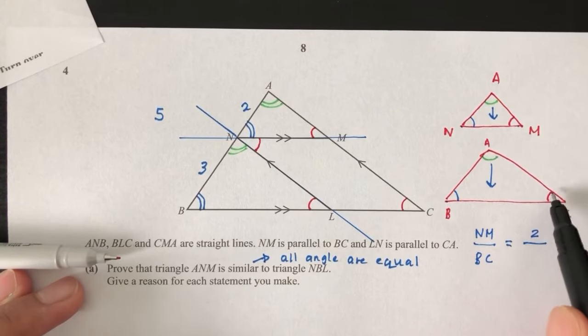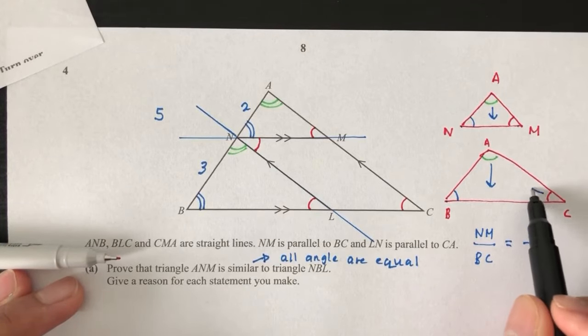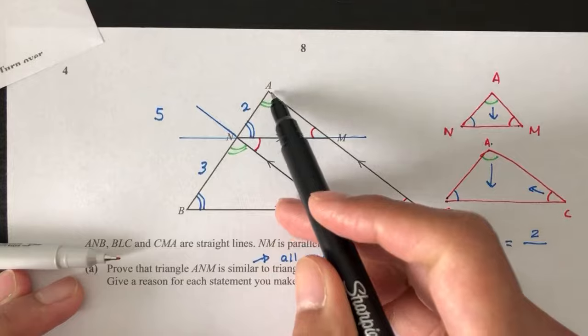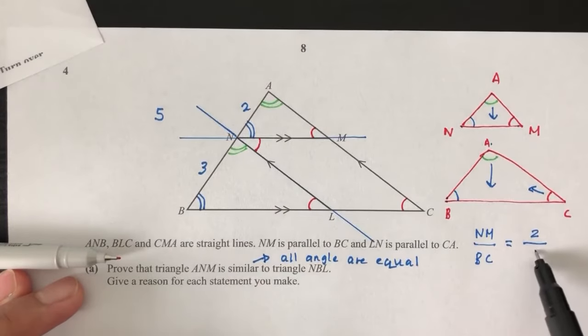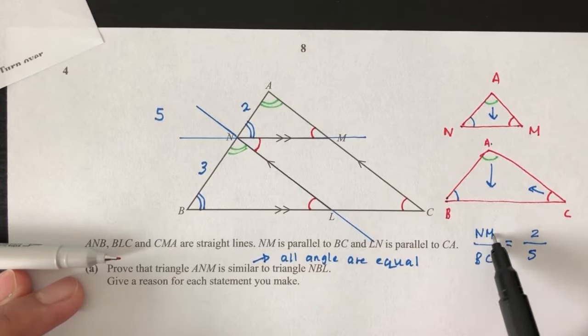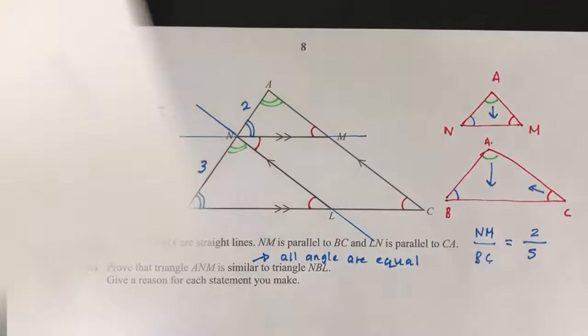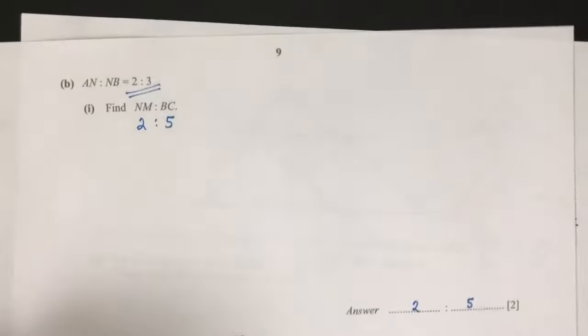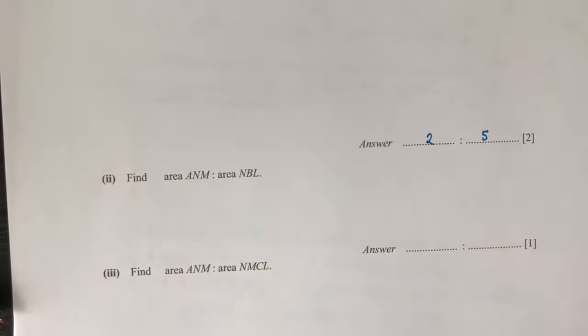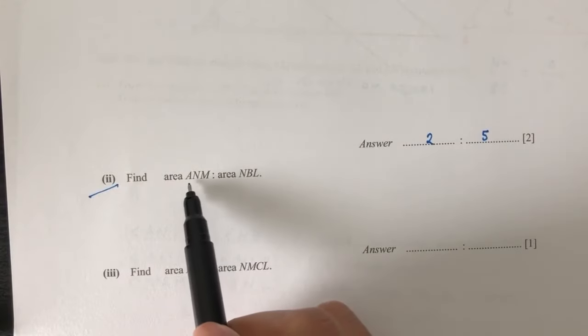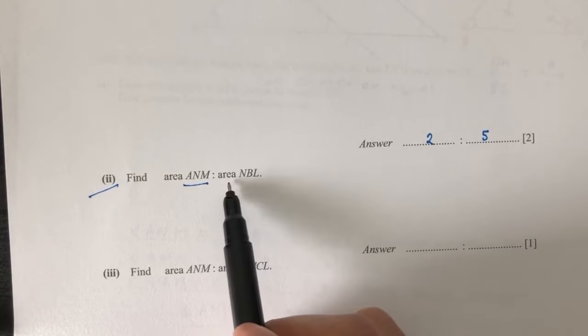And for the same angle here, for the red one, the corresponding side is AB. AB is 5, so 2 over 5. So the ratio of NM and BC will be 2 to 5. So that's how you find 2 to 5 here. So now for part 2, find the area of ANM and area of NBL.